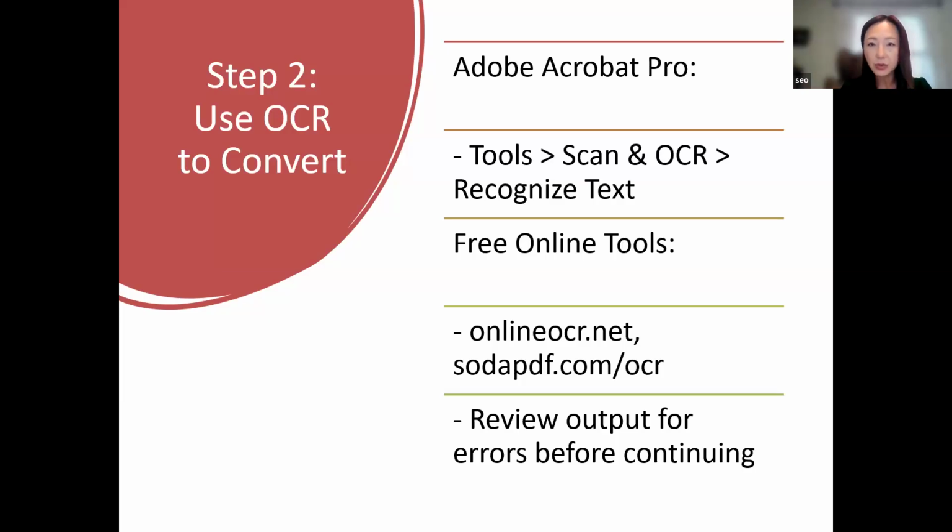It's easy. Go to Tools and click Scan & OCR. Then it recognizes the scanned image and converts it into recognized text. For those who don't have Adobe Acrobat and would like to use something else, there are free online tools available. Those online tools are listed here. I'm going to share this slide with you for those who need the information.